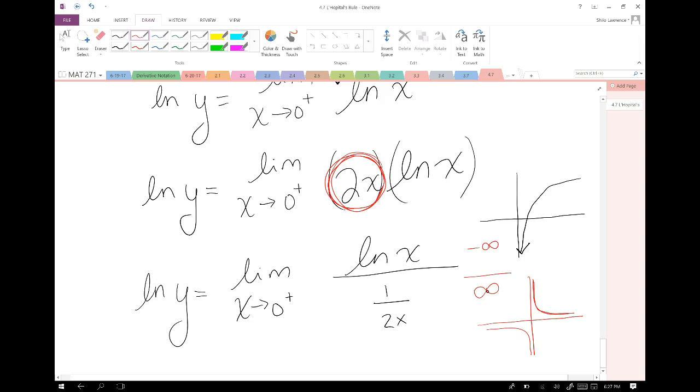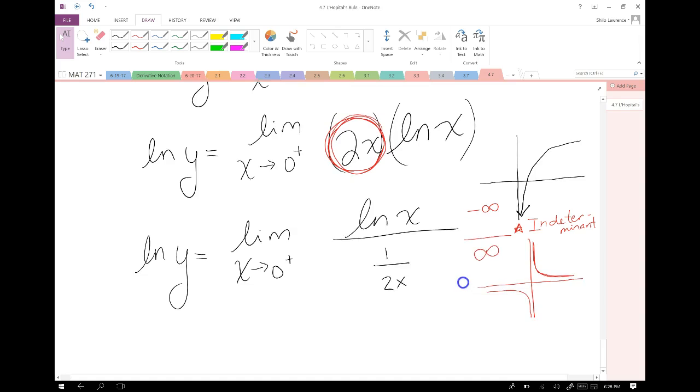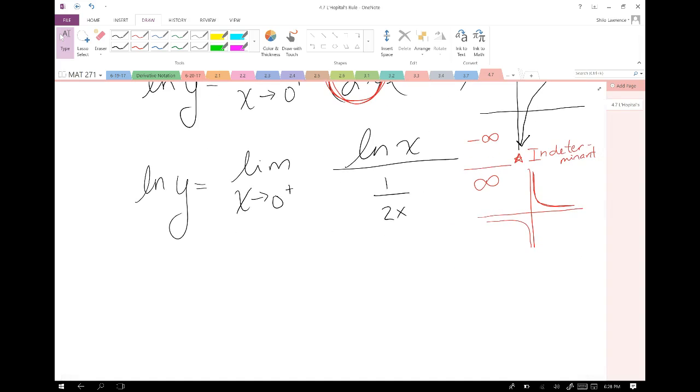So it is indeterminate. Which means we can take the derivative and try again. So we have to have this fraction format in order for L'Hopital's to work.